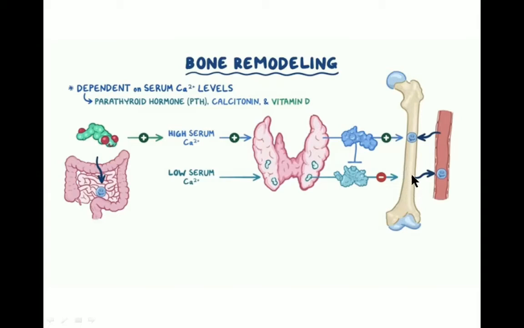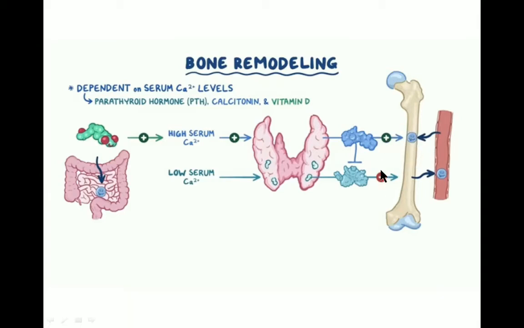Due to the bone breakdown or resorption, more calcium is released into the blood, which increases the calcium level. The increased calcium level in turn leads to production of calcitonin by the thyroid gland. The main function of calcitonin, which is released in response to high serum calcium, is that it inhibits resorption and stimulates the formation of bones.